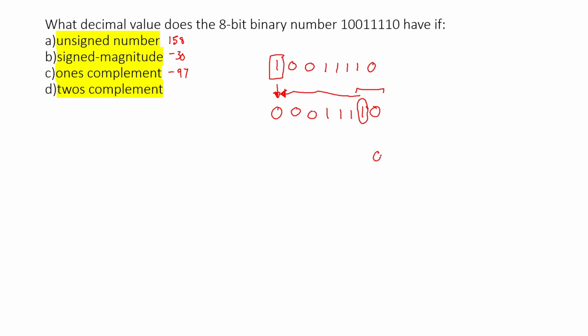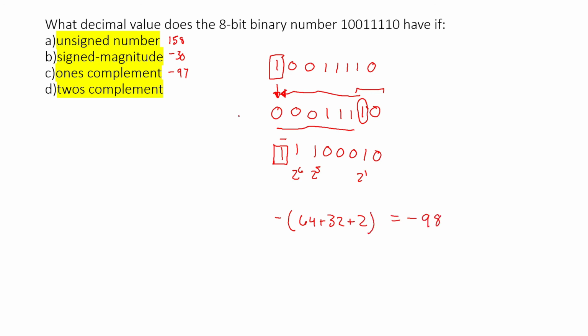We drop that down, 0, 1, and now we invert everything to the left of this. So it's 0, 0, 0, 1, 1, and 1. So this is our sign bit, negative, 2 to the 6, 2 to the 5, and 2 to the 1. So that's 64 plus 32 plus 2. And what we're looking at is negative 98.